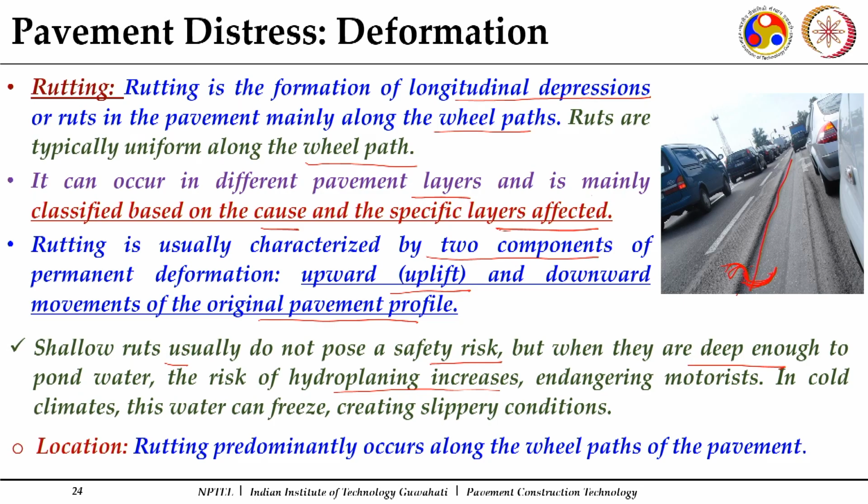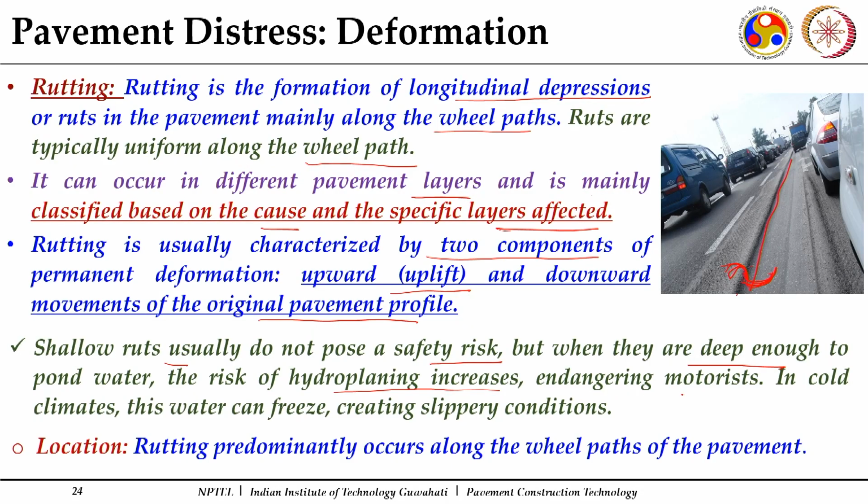When a film of water comes between your tire and the pavement surface, hydroplaning happens and the chances of skidding increase, endangering motorists. Even in cold climates, this water can freeze, and this will again lead to slippery conditions. So, this is quite challenging if water is getting ponded in these ruts.